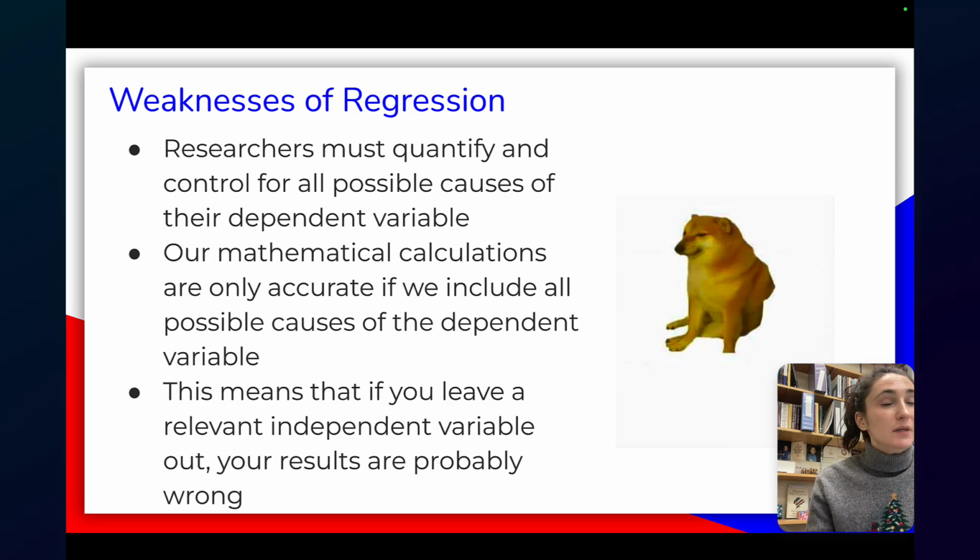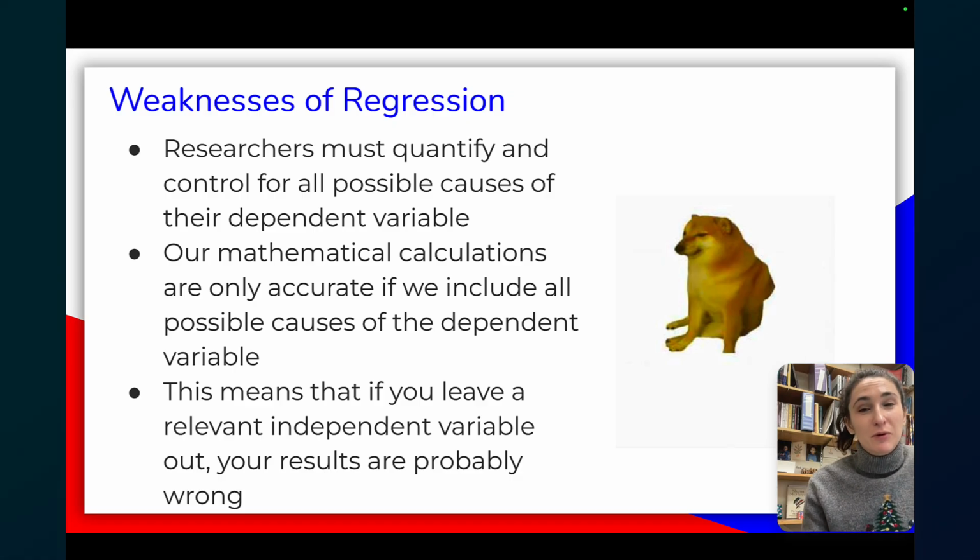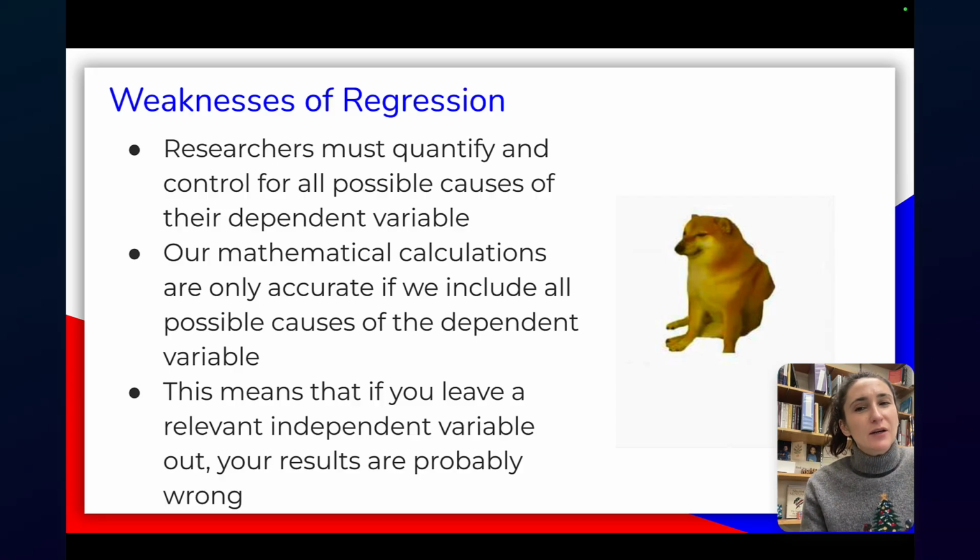Okay, this means that if you leave a relevant independent variable out, your results are probably wrong. And that's a pretty big deal. Okay, if you put a lot of effort into looking for control variables, for possible confounders, and you don't find anything, that could be potentially problematic.